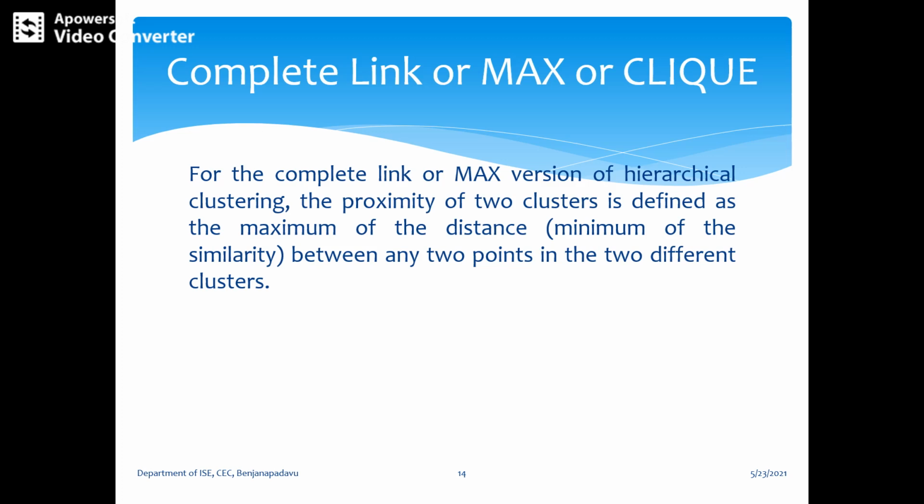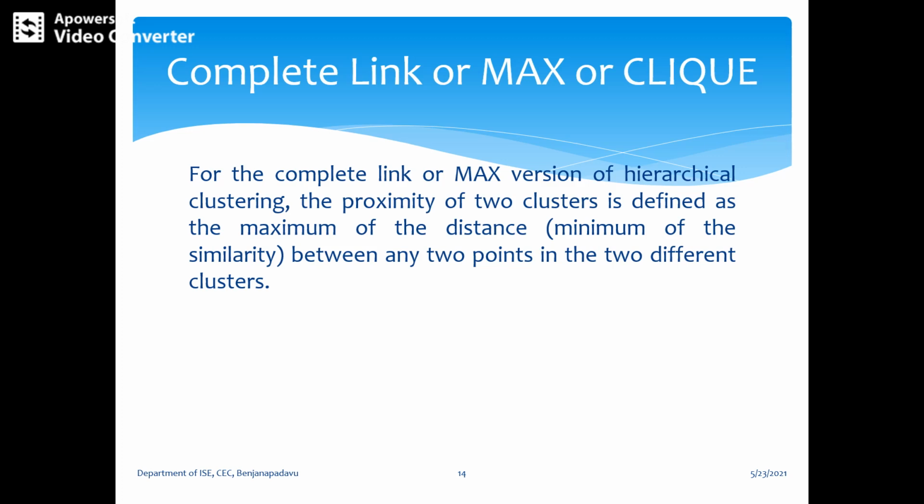So we connect all the points with complete links, which will form a clique. The clique shape means complete link is less susceptible to noise and outliers because it connects all the points, but it can break large clusters and it favors a globular shape.